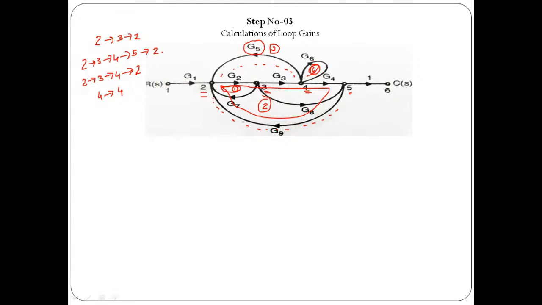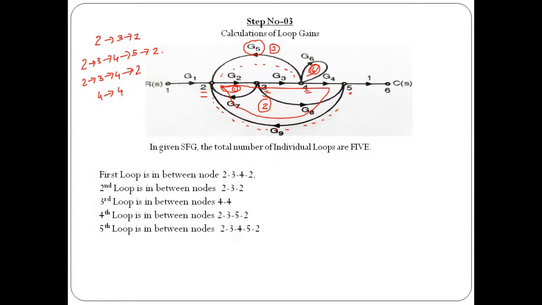That is important. Apart from this, let us try to identify, is there any possibility to form a loop in the structure? There will be one more possibility. See how many loops we have considered over here.